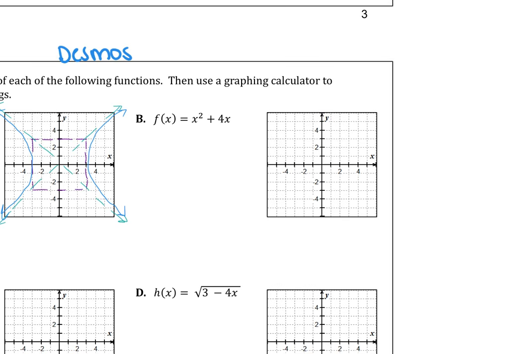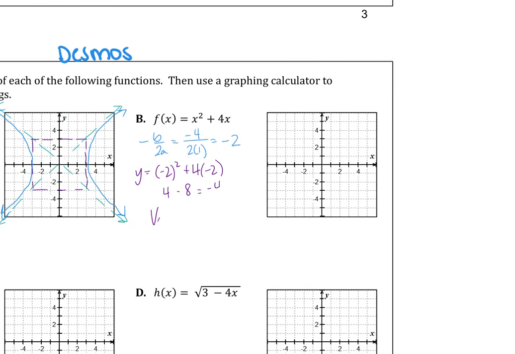Okay, this is going to be a parabola. -b over 2a will help us find our vertex. So -4 over 2 times 1 is -2. Plug the -2 back in, so y equals -2 squared plus, not 8, I multiplied it, 4 times -2. So 4 minus 8 is -4.